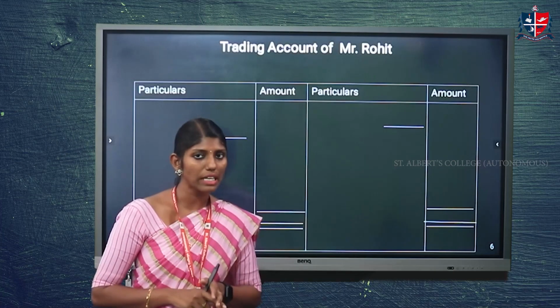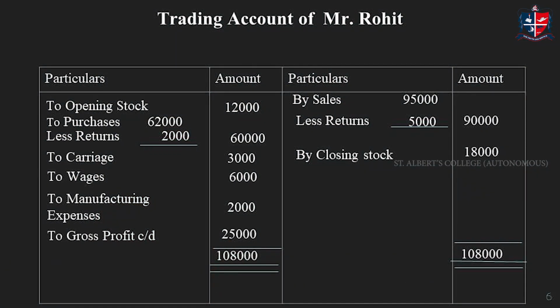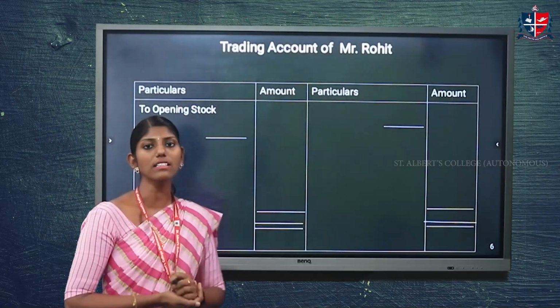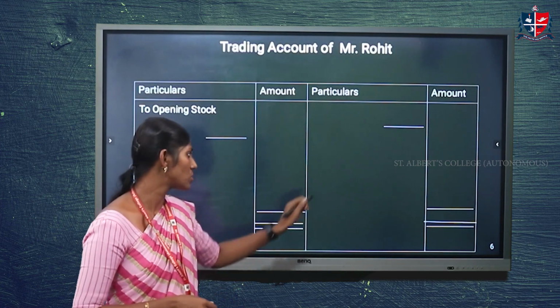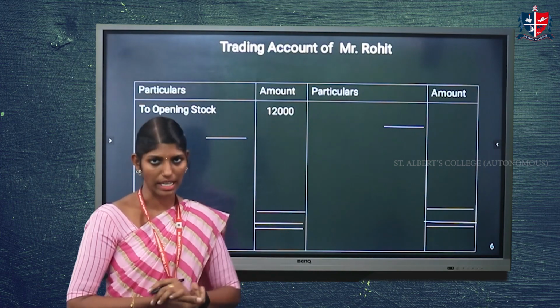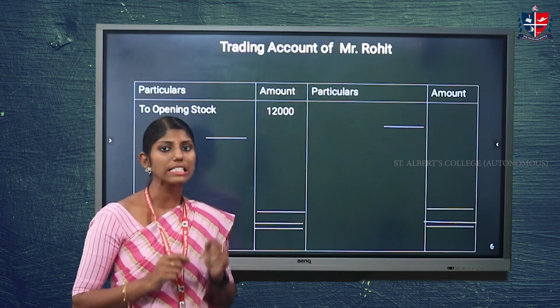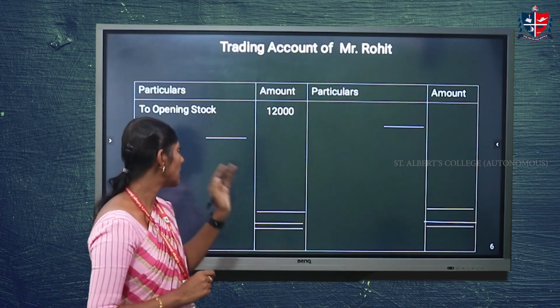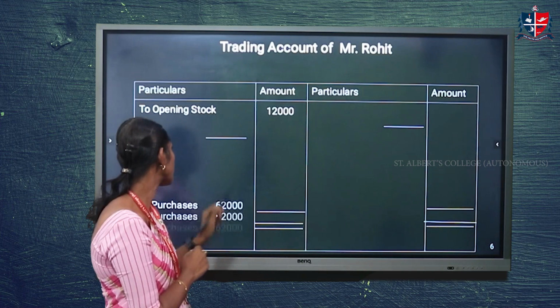The first item on the debit side is opening stock. So we have to write the first item here. This is the first item, opening stock. The amount of opening stock, 12,000, is written on the debit side. What is the next item? Yes, purchases. Purchases is written on the debit side and it is entered in the inner column.